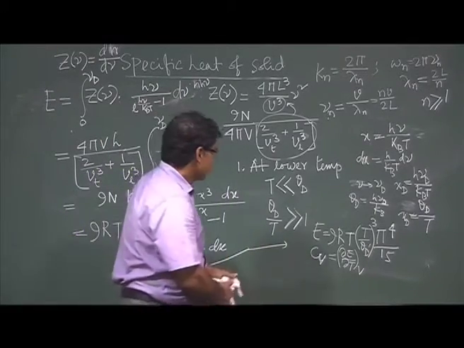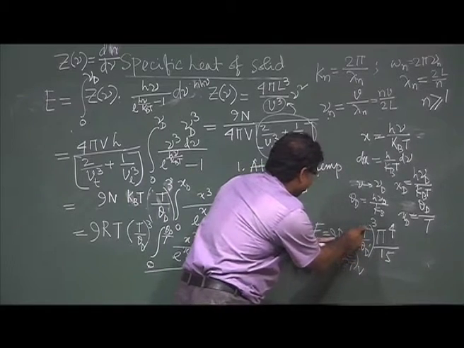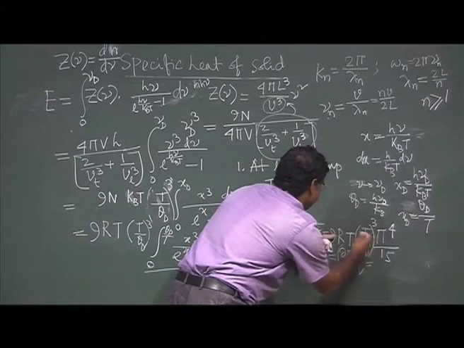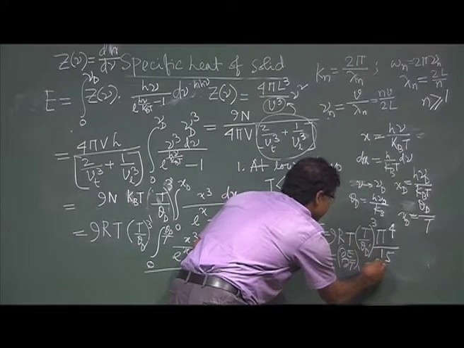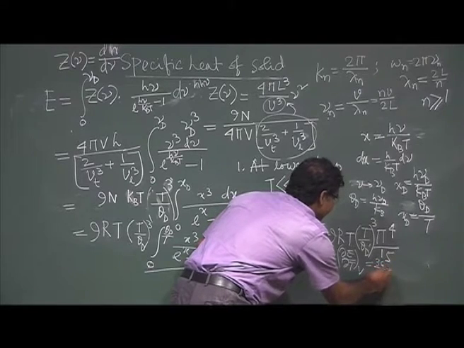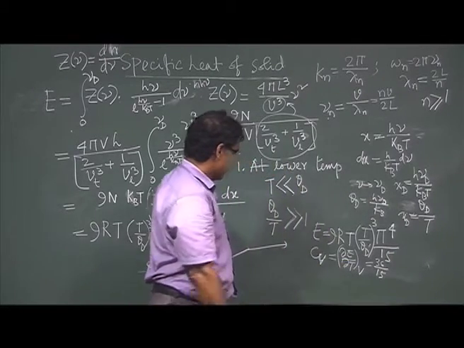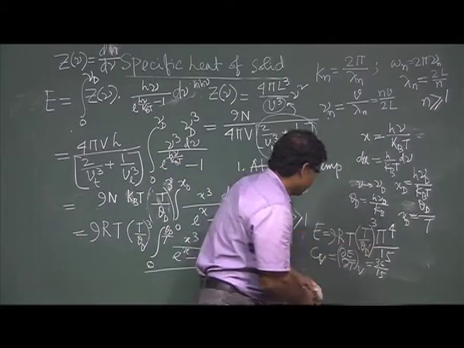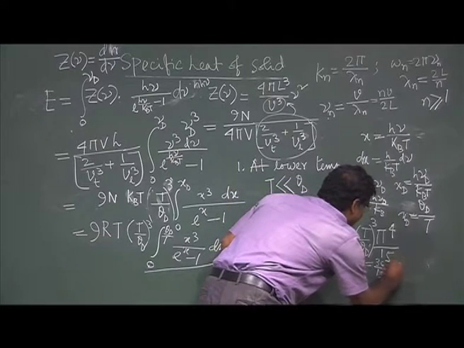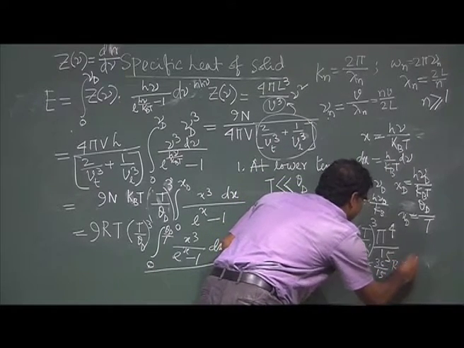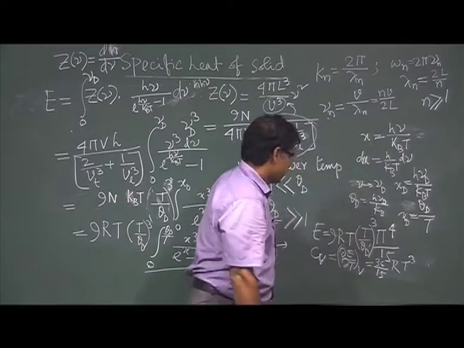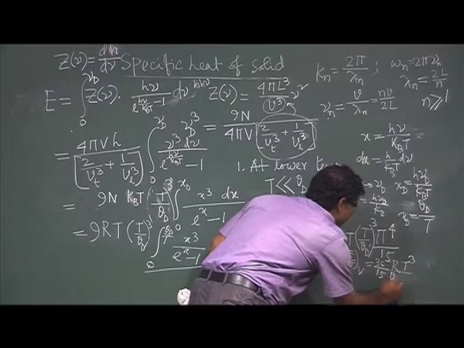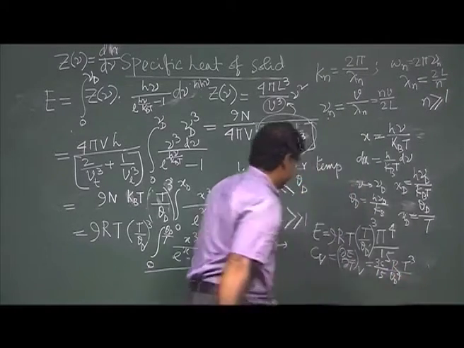So, 4 into 9 over 15, that is 36 by 15, T cube R by theta D to the power 4.